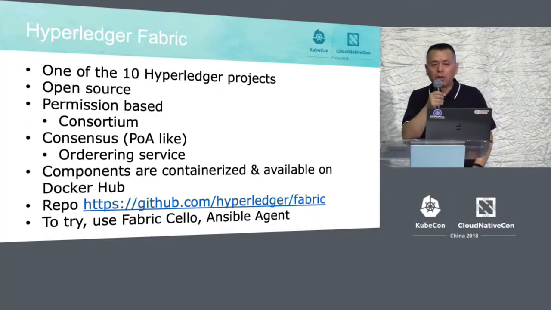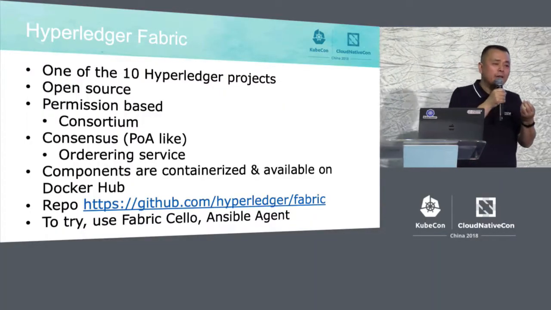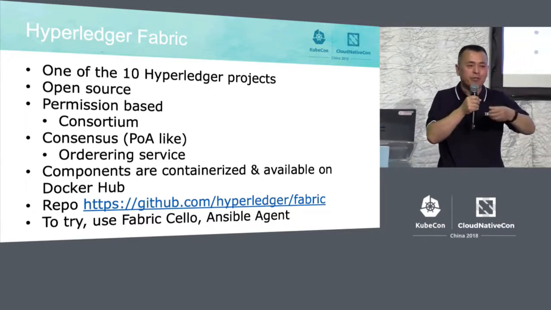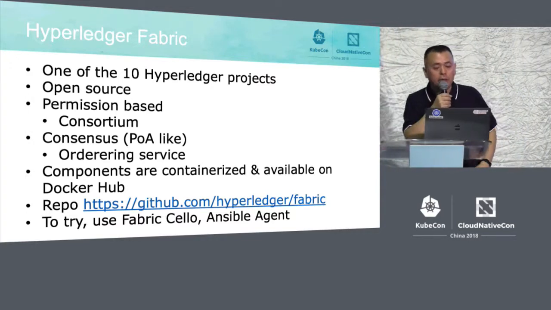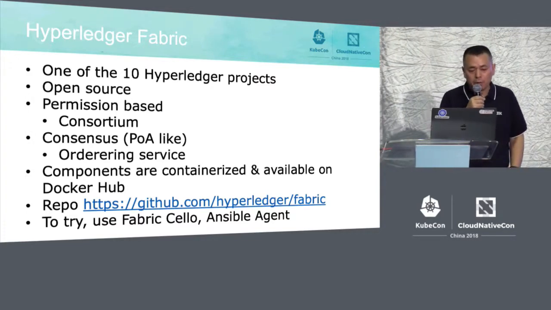If you look at Docker Hub, you can find all the different releases for different components, like the peer, the orderer, the Kafka container image, all that kind of stuff. You'll find many different versions. I don't think we produce binaries for, let's say, Ubuntu or others. We simply produce container images and put them on Docker Hub.